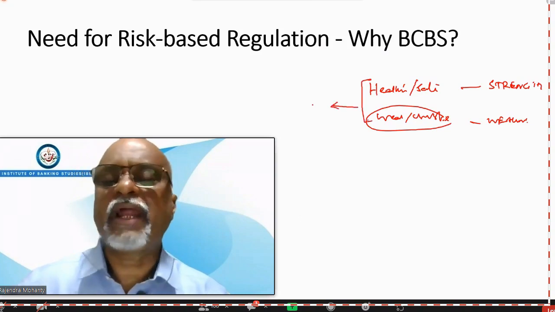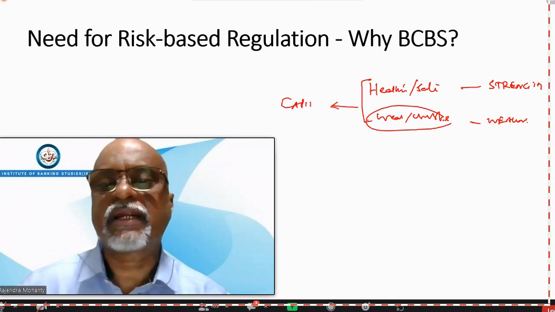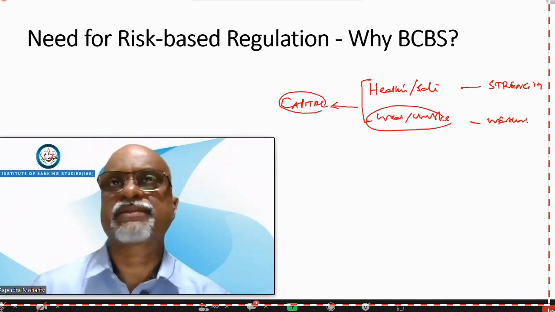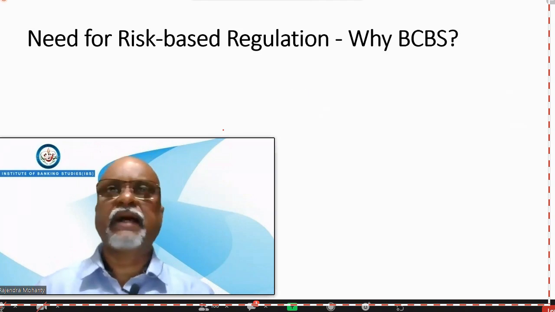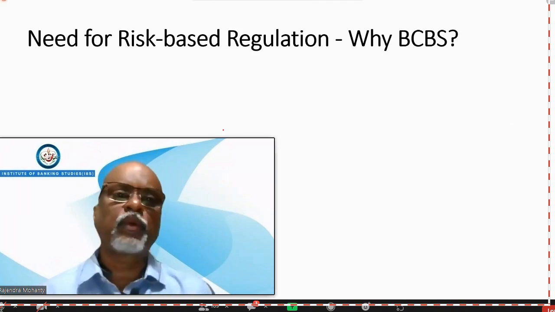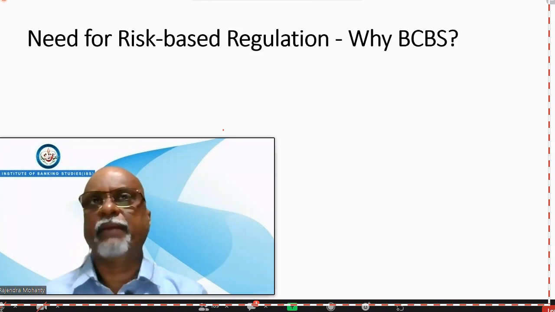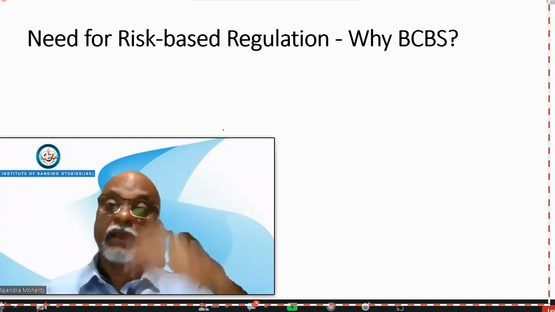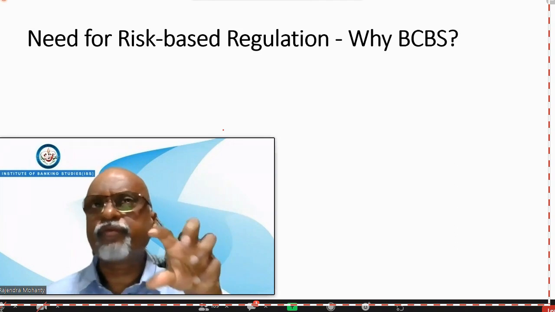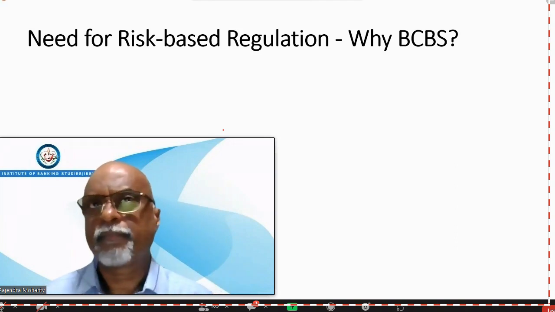So they decided that that benchmark should be translated in the form of capital maintenance. Because prior to that, every country was following an arbitrary rule of maintenance of capital. From east to west to central, there was no uniform rule applicable.